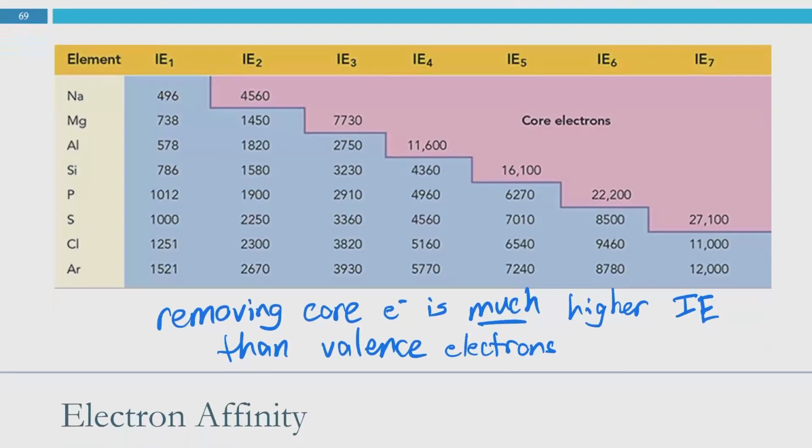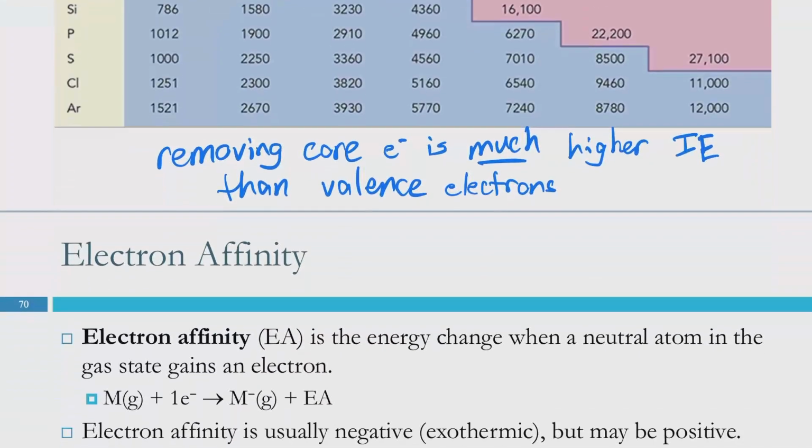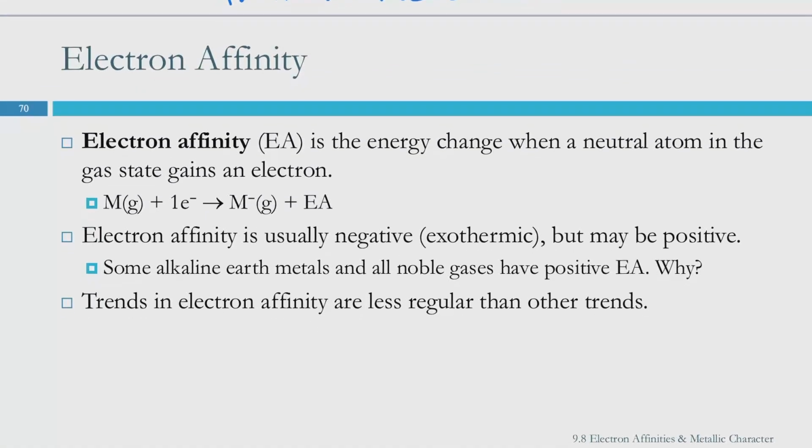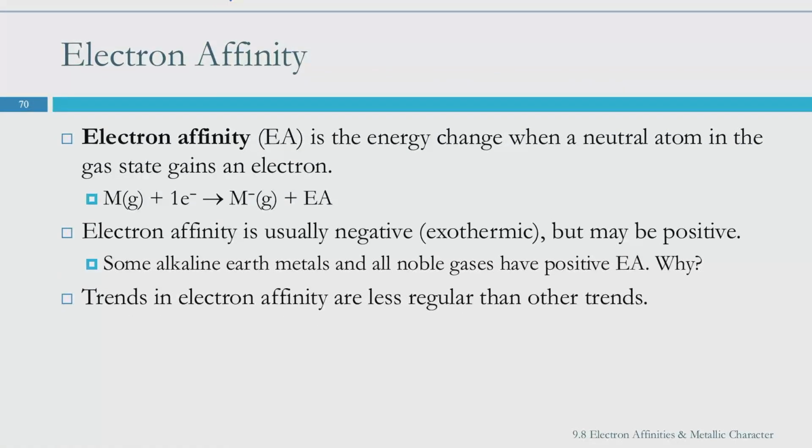On the other hand, we've got electron affinity. So electron affinity is basically the opposite of ionization energy. This is an energy change when an atom in the gas phase gains an electron.